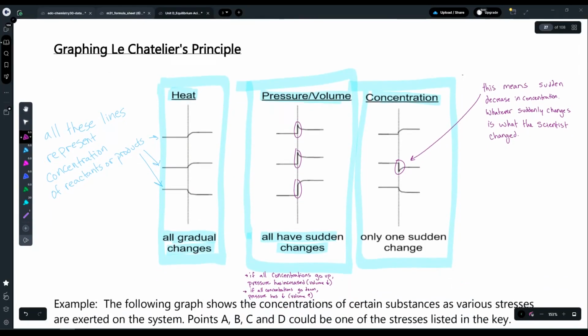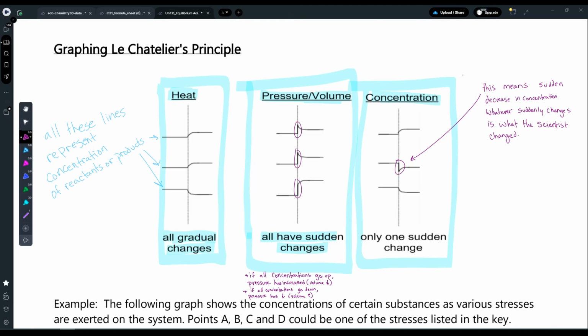So again, all of these three examples here are really useful for helping you to figure out what stress has been applied to a system at equilibrium. Remember that for Le Chatelier's principle, it's all about when you add a stress to a system at equilibrium, that equilibrium is going to shift in order to minimize that stress.